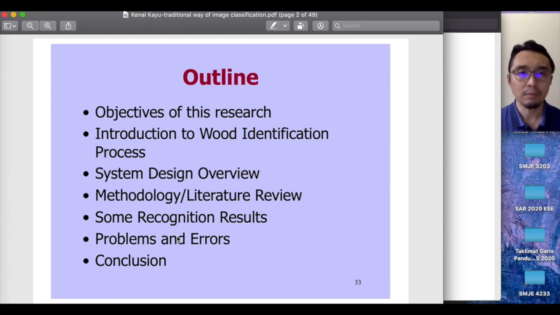This is how we do it traditionally. So we will get into a convolutional neural network, which is a deep learning structure where the raw image data will be fed to the CNN later on. But just to have a look at the traditional way.